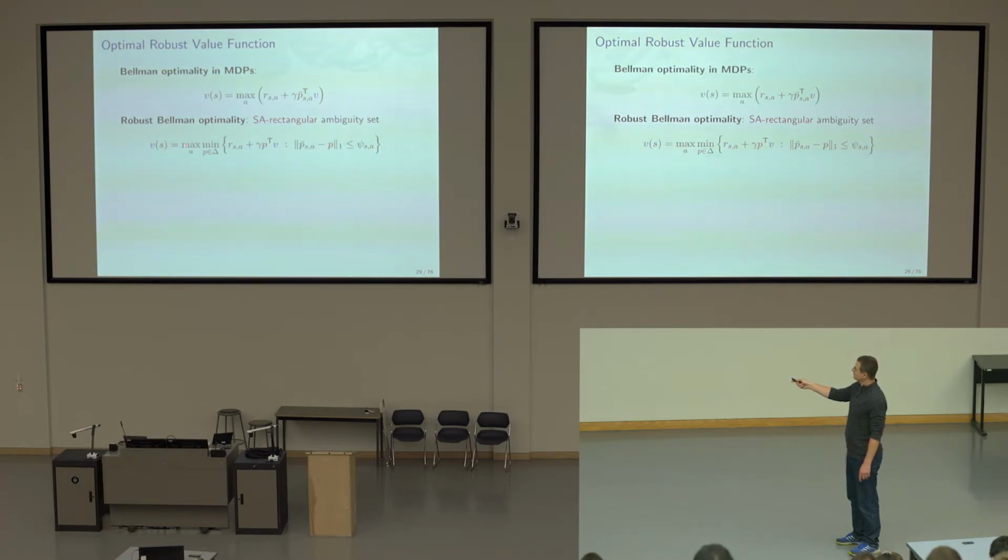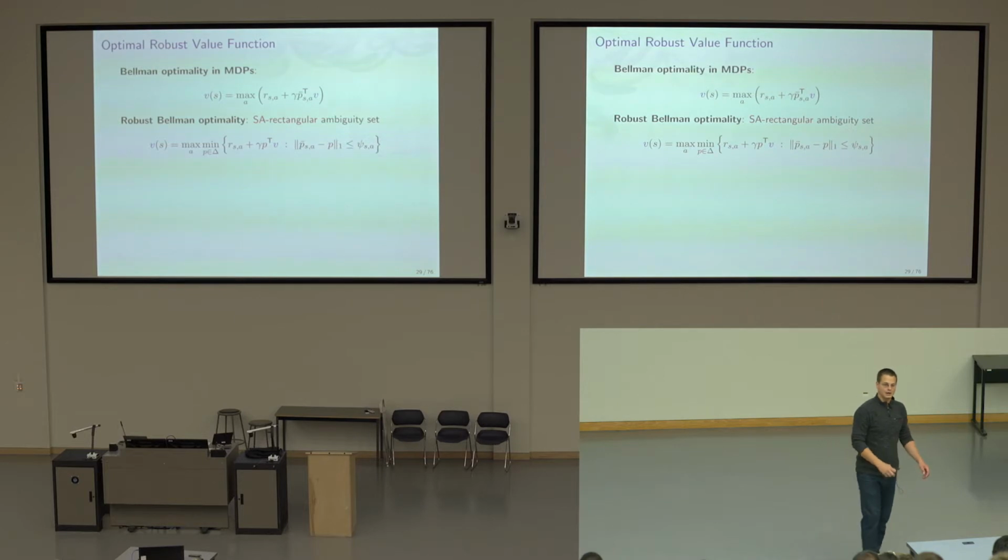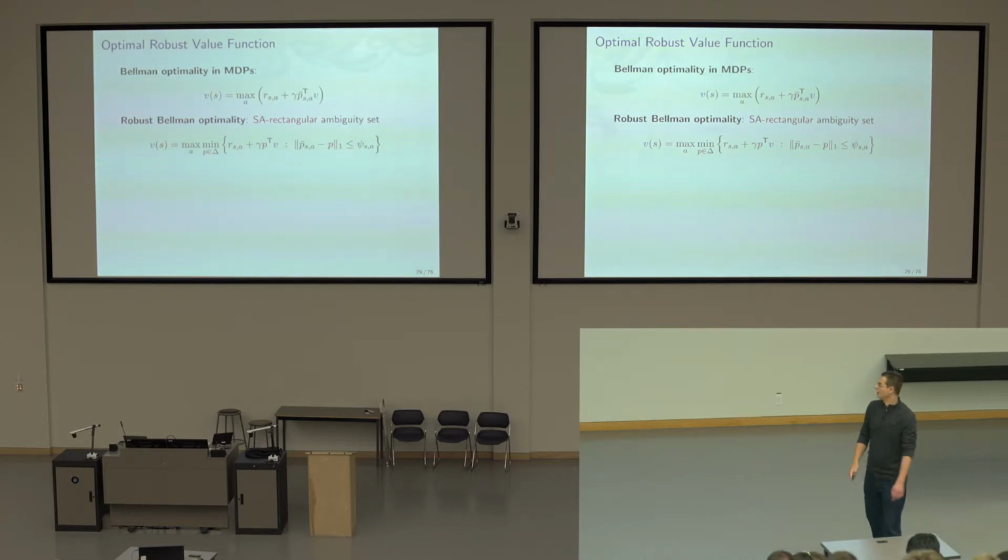The nature is choosing the worst case transition probability. Here the delta is the set of all valid probability distributions. And instead of using a fixed p, we are using the p that's chosen by nature. And this is our constraint. Now I'm using an L1 norm. You can use basically almost any distance measure in this equation.